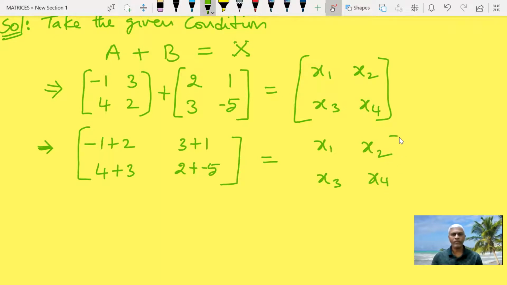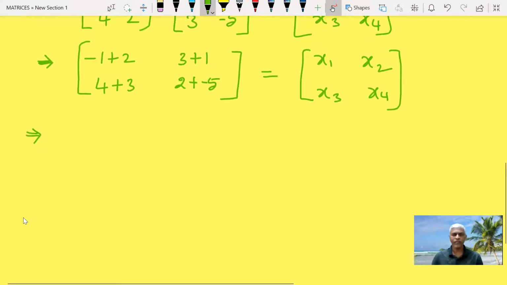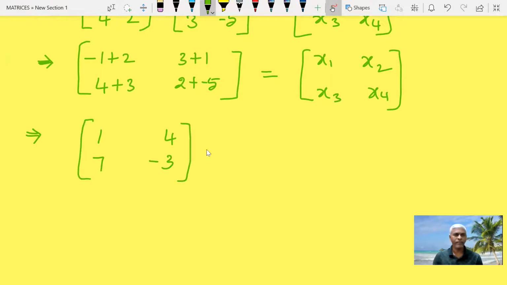Now simplify. Minus 1 plus 2 is 1. 3 plus 1 is 4. 4 plus 3 is 7. 2 minus 5 is minus 3. So this is A plus B.